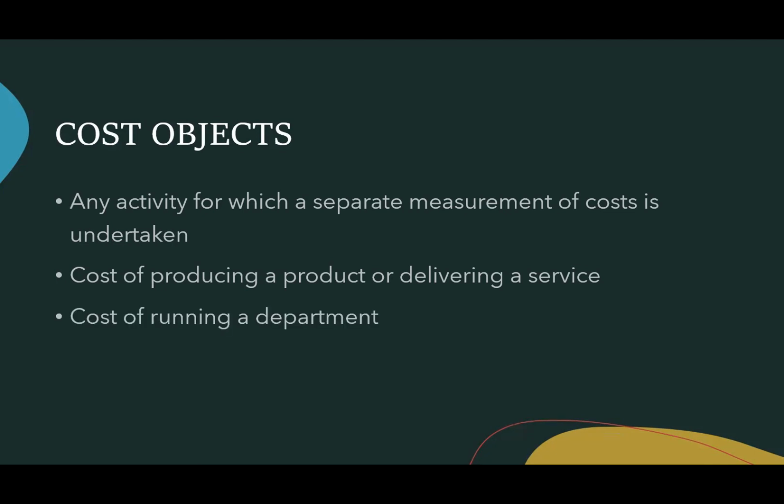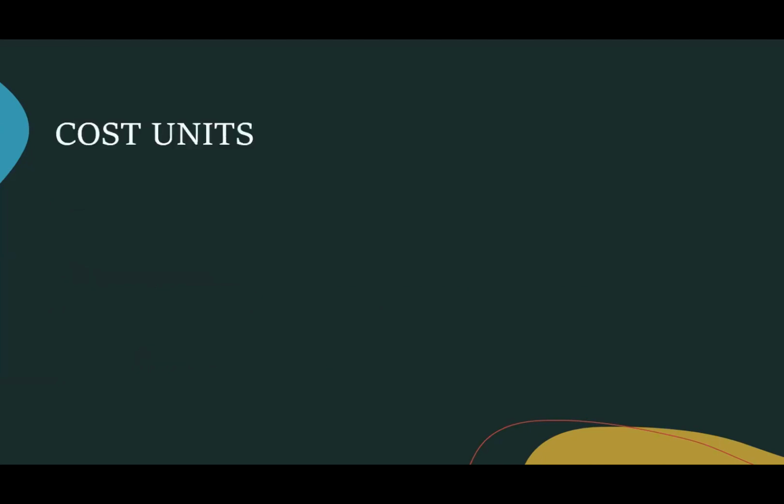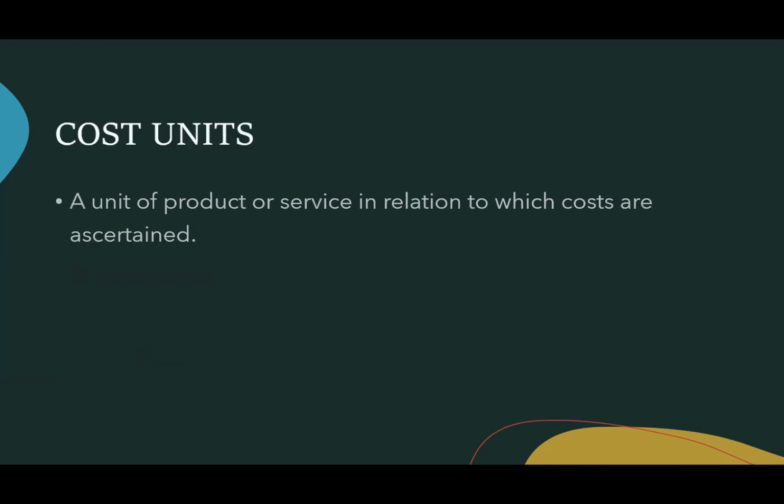Or how much it cost to run the baking department, for instance, or the accounts department, or if this bakery is at a global level, how much it cost to run a specific regional office of that bakery company. And then you have cost units.